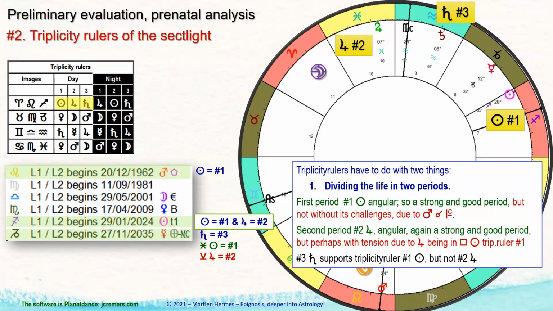So here it is, dividing the life in two periods. The first should be a strong and good period, and the second one also. Well, the tension of both periods can be seen perhaps by the first period being marred by Mars conjunct IC. And don't forget that Mars is supplied by the sun, right?